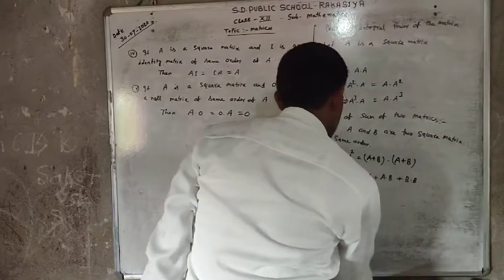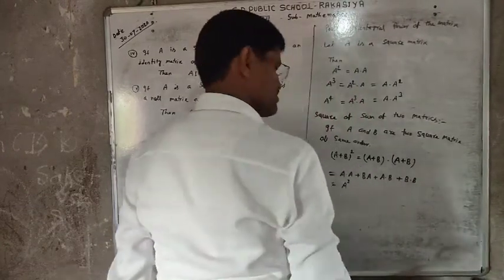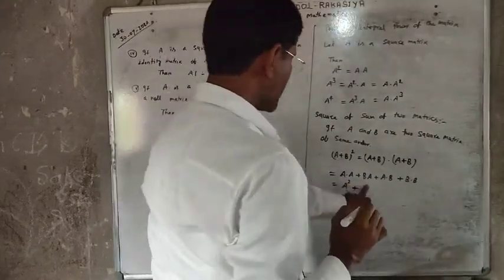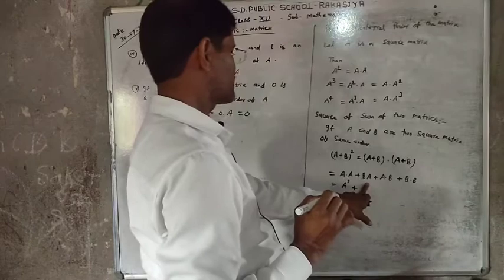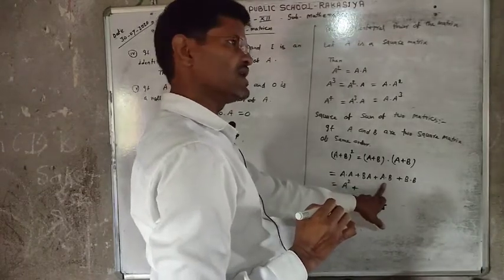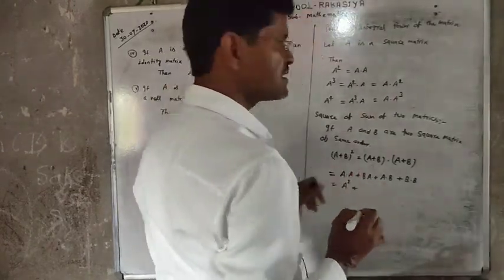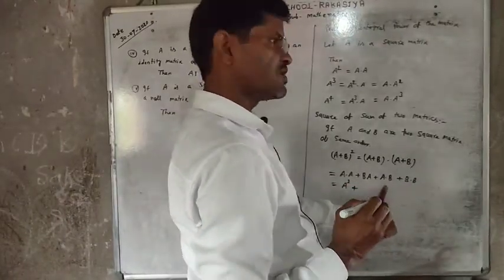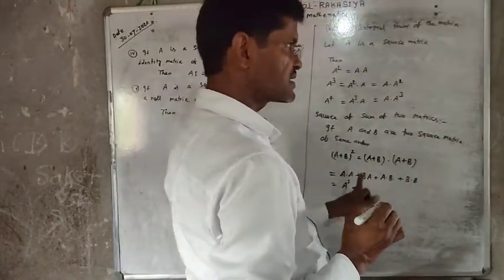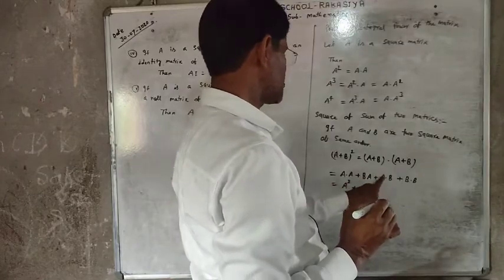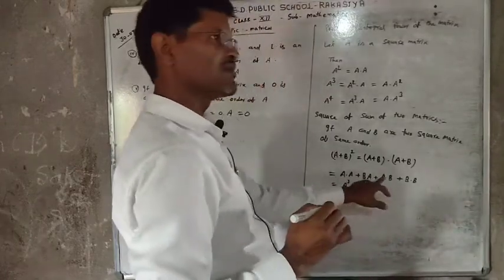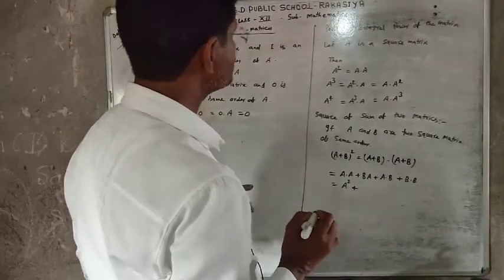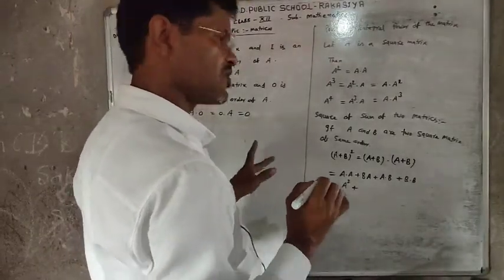We know that A into A is matrix A square. We have said that BA is not equal to AB in general, but for square matrices of the same order, BA will be equal to AB, meaning for square matrices the matrix product is commutative.